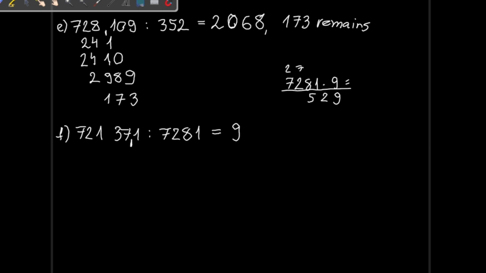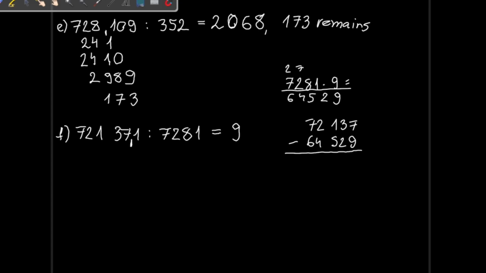52. 7 times 9 is 63 plus 2 is 64. And now let's just subtract this number from 72,137.